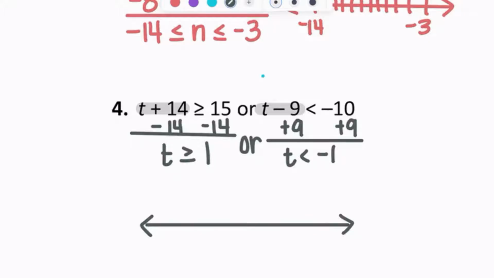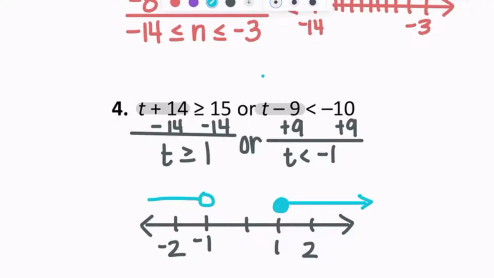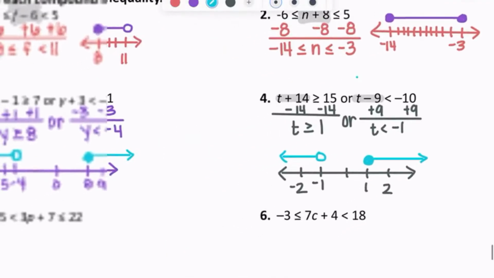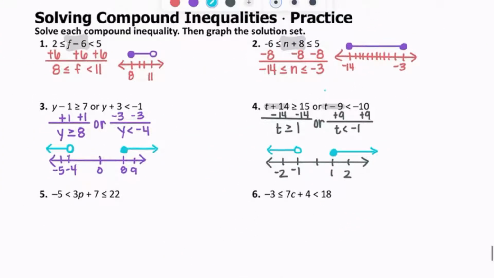So I have my -1. So greater than or equal to 1, so solid dot going up, less than -1, so going down but not a solid dot. So again, not connected would be an or statement. That's a correction from what I had in the notes last week, and that's because I had an error.